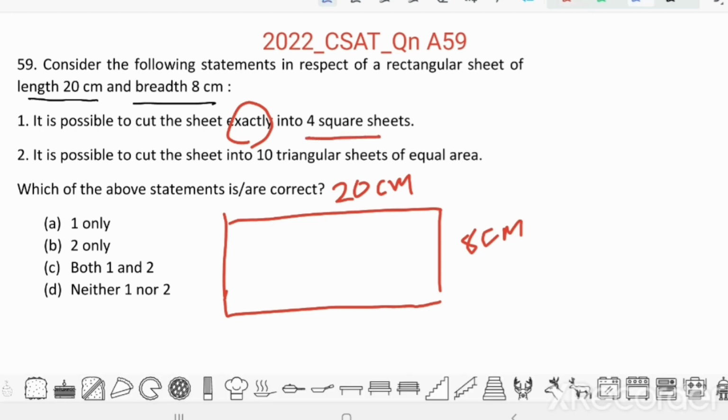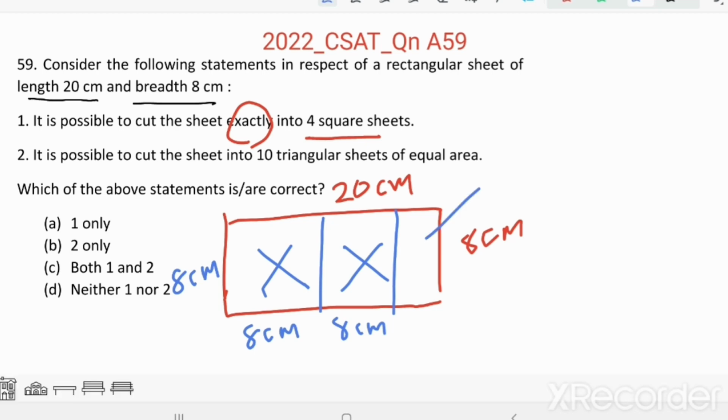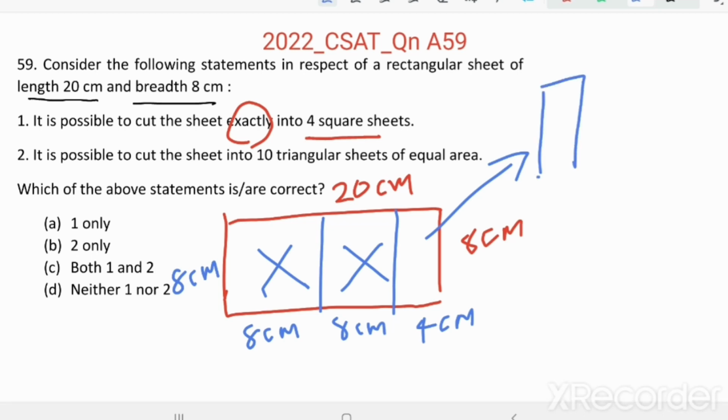Suppose I am cutting this sheet into two 8 by 8 squares. So we got 2 squares. Then the remaining length is 4 cm, so we get a small piece of sheet 4 cm by 8 cm.